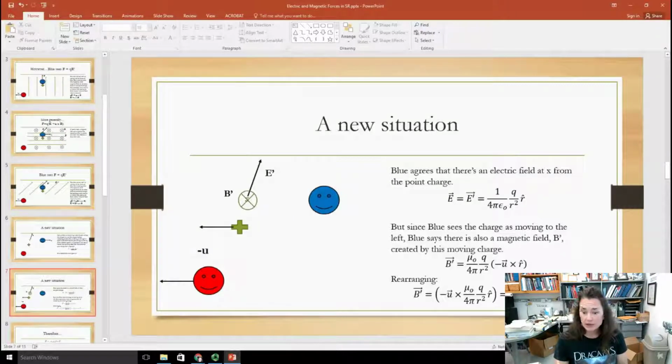Now we could rearrange this simple equation and put everything multiplying the point charge, all the constants, next to the r hat vector. And then you have B prime is equal to minus u cross mu naught over 4 pi q over r squared r hat. Now notice that this q over r squared, 1 over 4 pi bit looks just like this electric field equation right here.